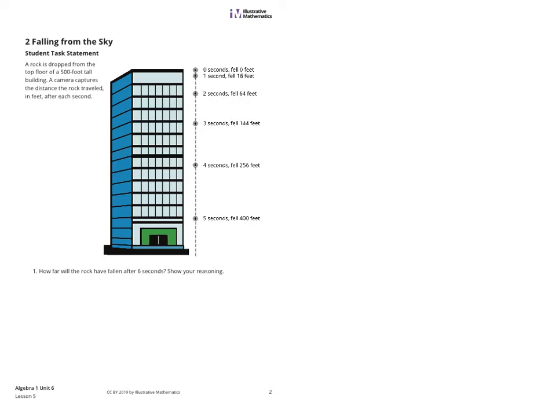So our seconds are going up by 1. And our distance is not going up by 1. It increases faster. Okay, you might notice those numbers from our warm-up, right? So what do you think the numbers tell us? I think the second numbers say the camera took a picture every second.